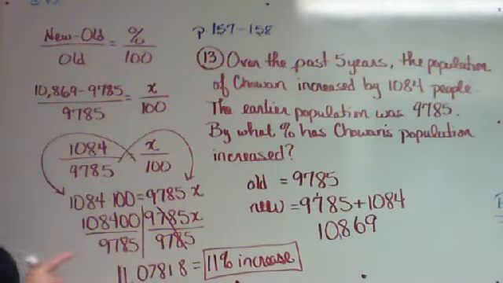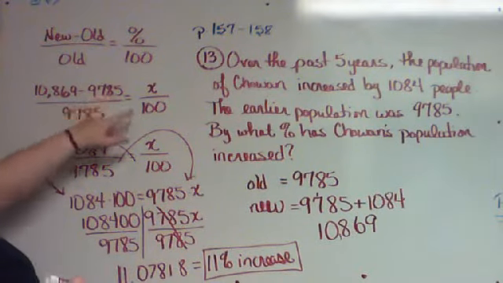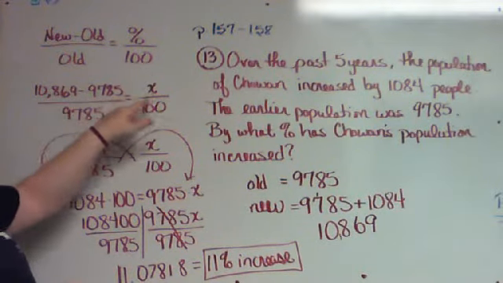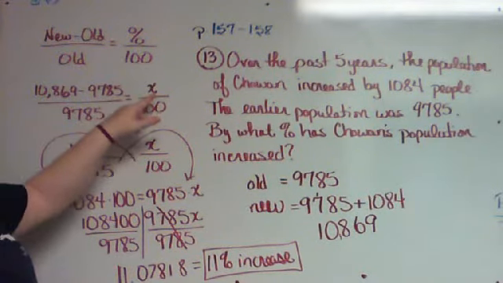Now there's a reason I bring this up. If we had gotten a negative number on top, which is possible to do, if there's ever a decrease, this will end up being negative, which means this over here has to end up being negative. When that happens, that means that your percent is going to end up being negative.